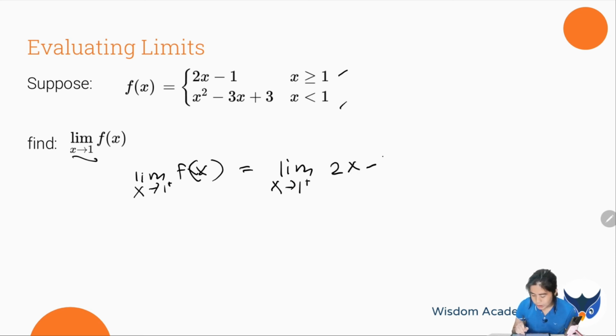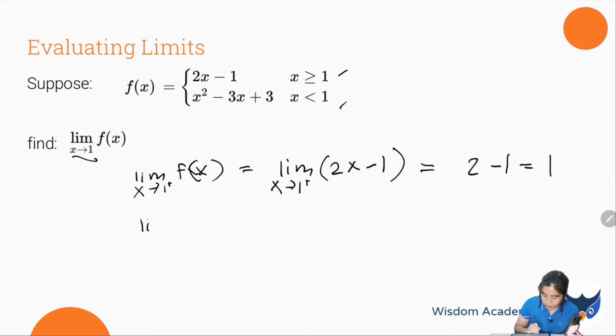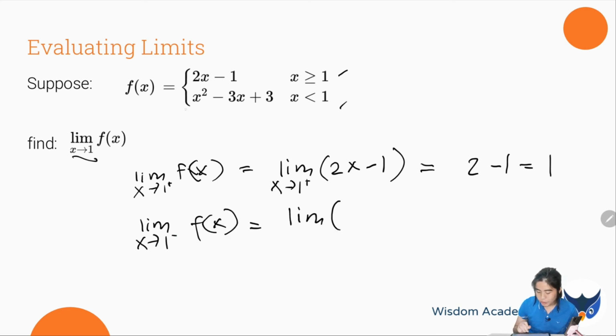So, ito ay 2x minus 1, since from the right, ito yung value niya. So, direct substitution lang. 2 minus 1 equals 1. Ganun din from the left. Equal lang siya sa limit nitong nasa baba namang function yung gagamitin natin since from the left and less than 1, yun yung value ng function kapag less than 1 yung input.